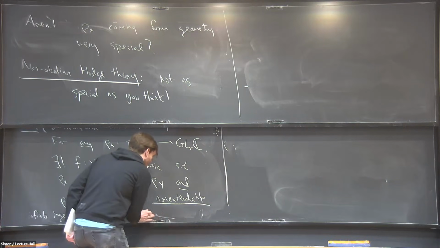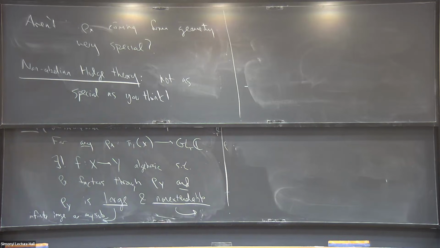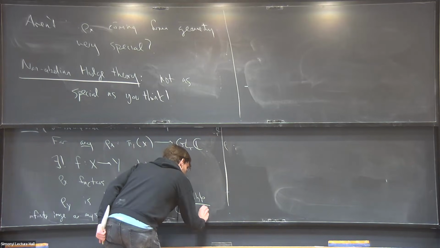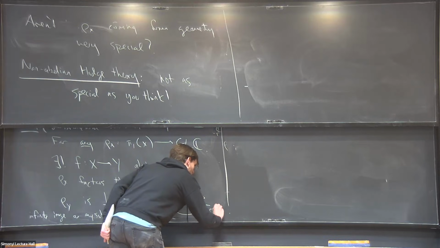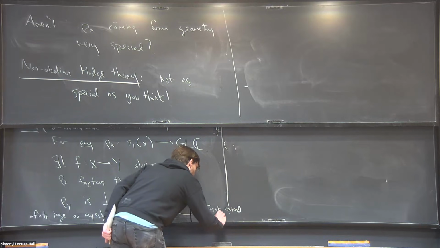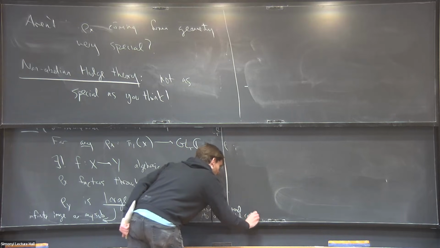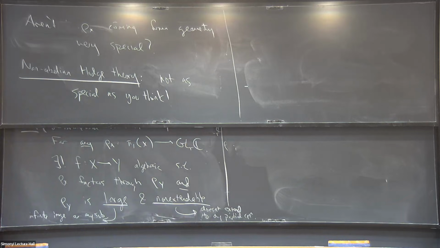What does non-extendable mean? Non-extendable means there is no partial compactification of Y to which this representation extends. Rho_Y doesn't extend to any partial compactification.